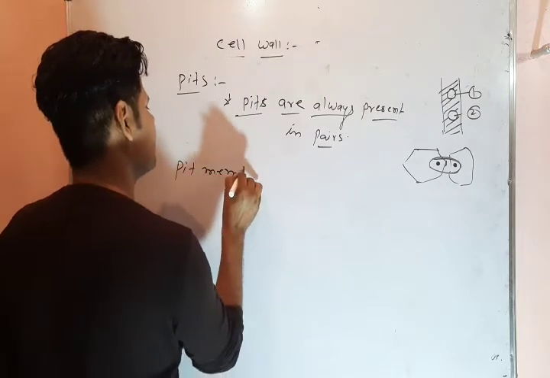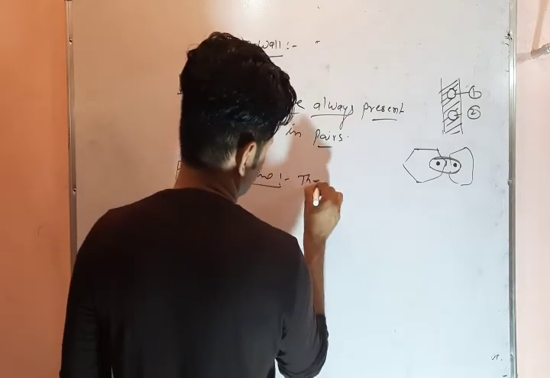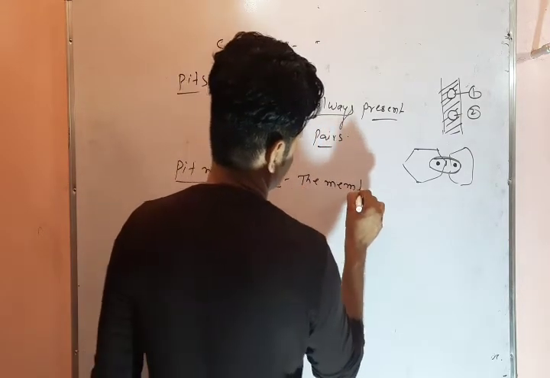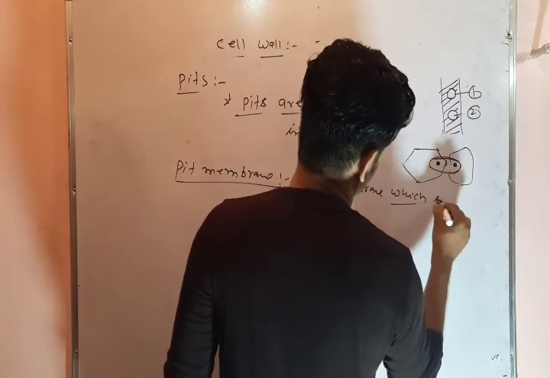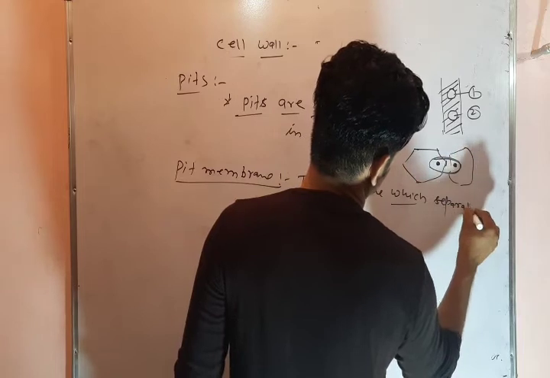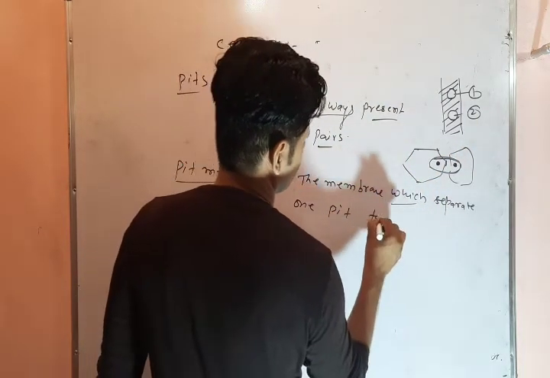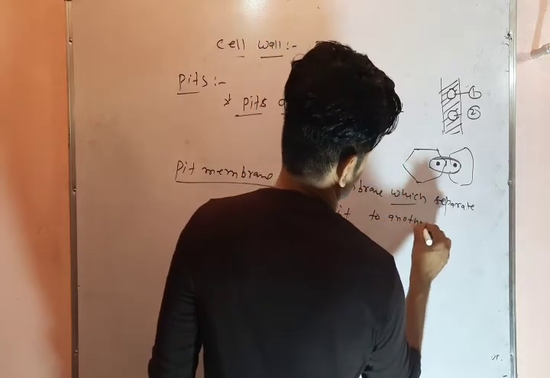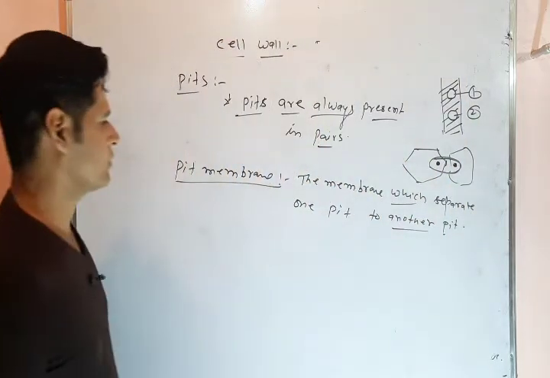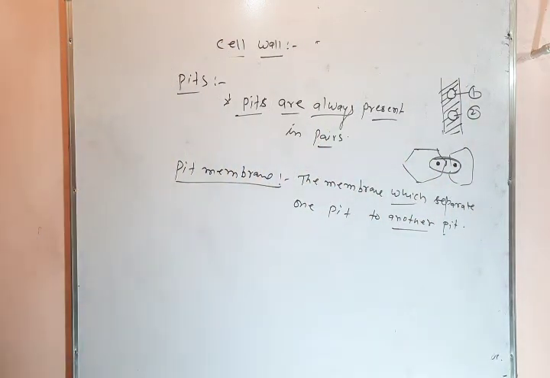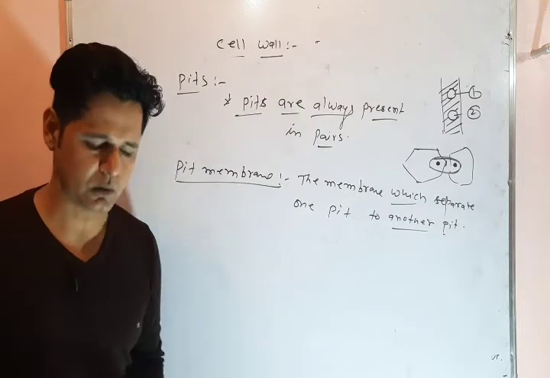The definition of pit membrane is the membrane which separates one pit from another pit. Okay, I think you got it. This is the membrane which separates one pit from another pit.